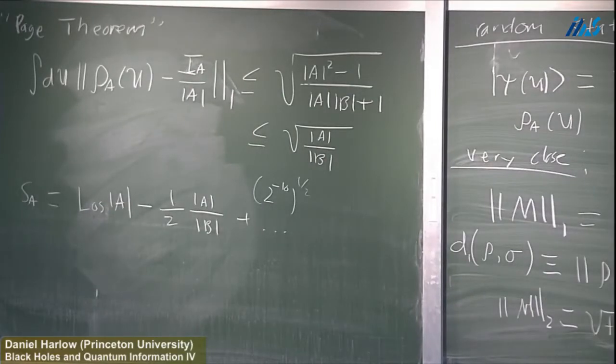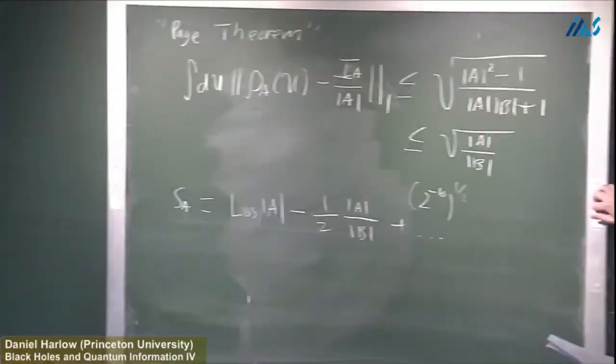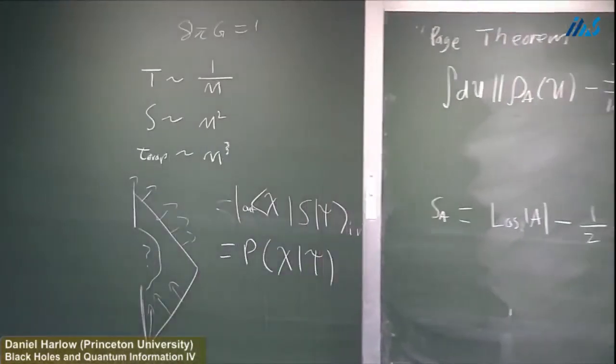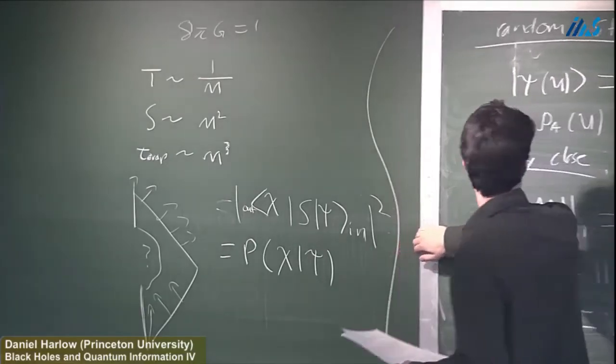So now we can use the theorem that we sort of sketched to try and figure out what the Page curve should look like. So we can now kill the proof.